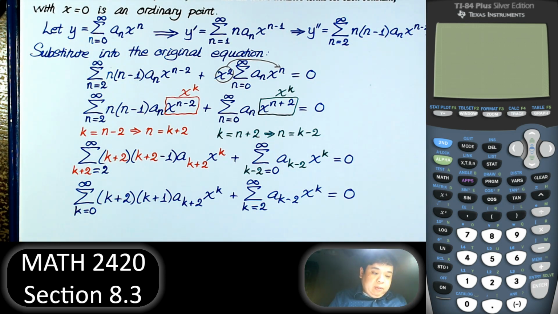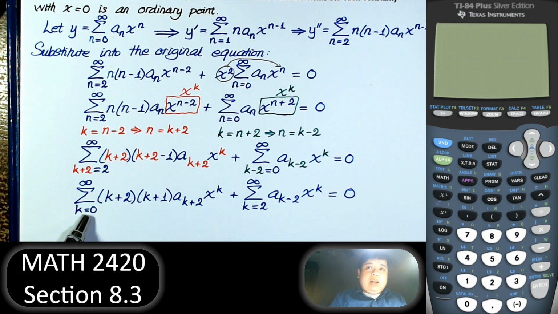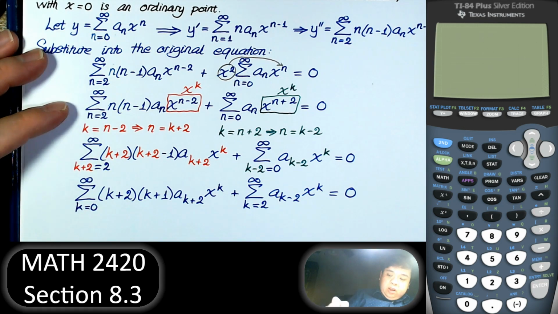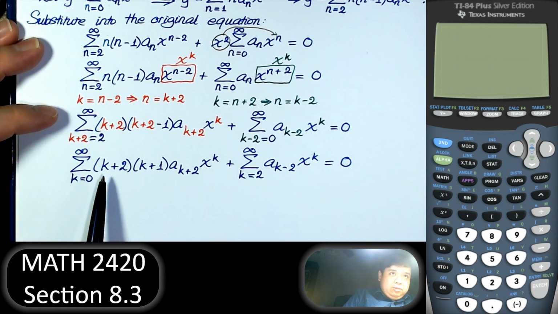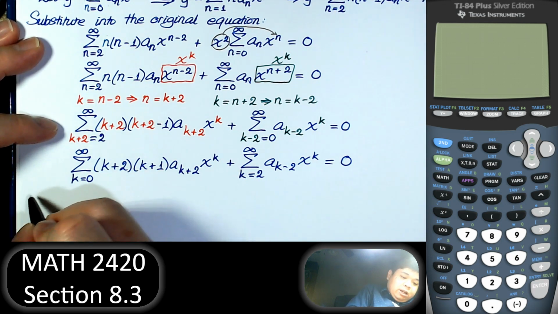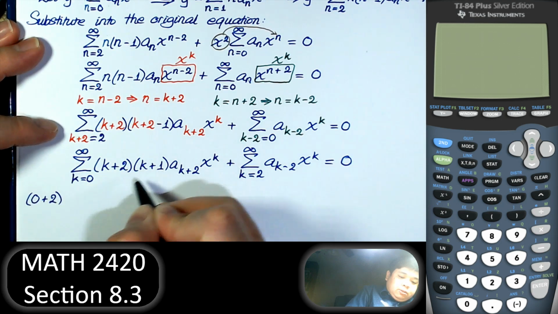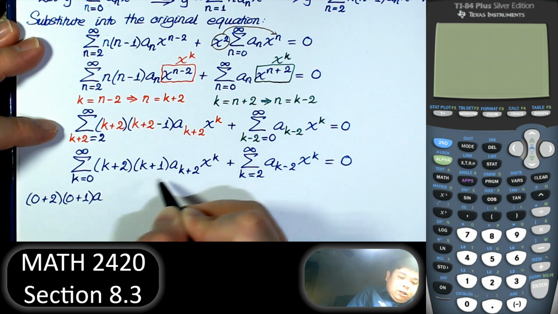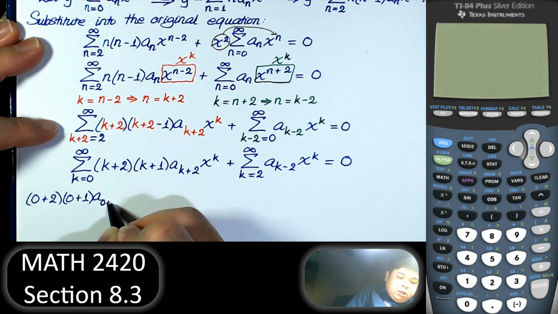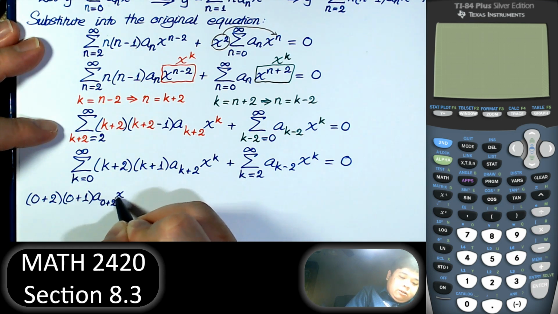Right, now, this starts at 2. Both of them have to start at 2. So we split out two terms. When k equal to 0, put 0 in here. 0 plus 2, 0 plus 1, a sub 0 plus 2, x to the 0.